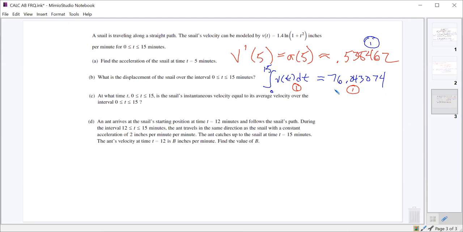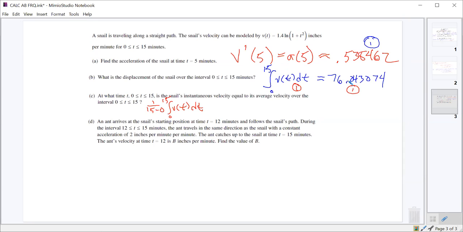So how are we going to figure out the average velocity in those 15 minutes? We already had this integral of v of t from 0 to 15. All we have to do is divide it by 15 minus 0, right? Divide it by 15. Right, the average velocity is just 1 over 15 minus 0 times the integral from 0 to 15 of v of t dt.